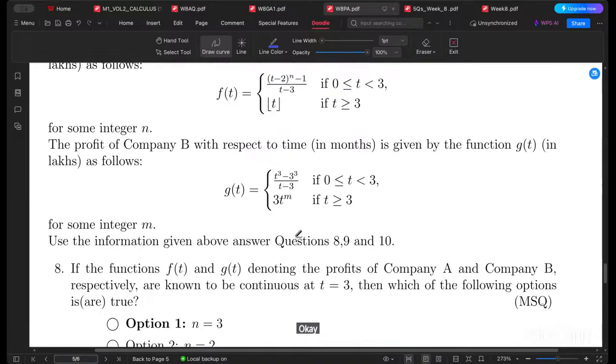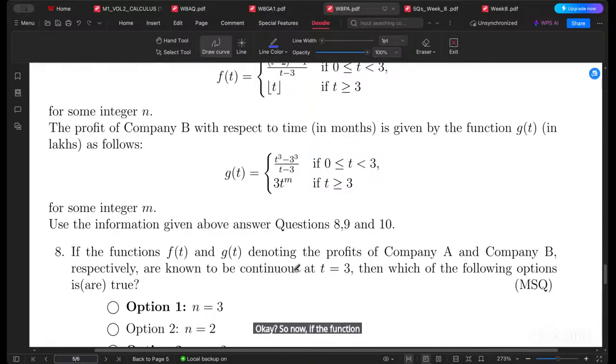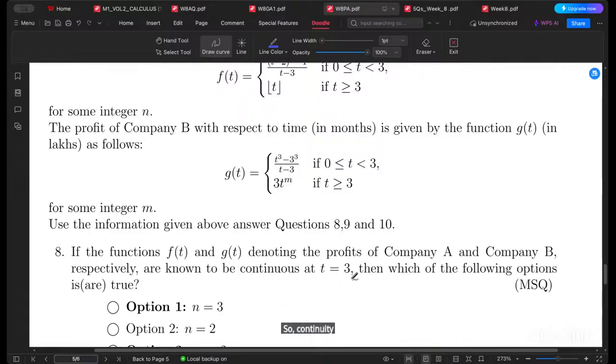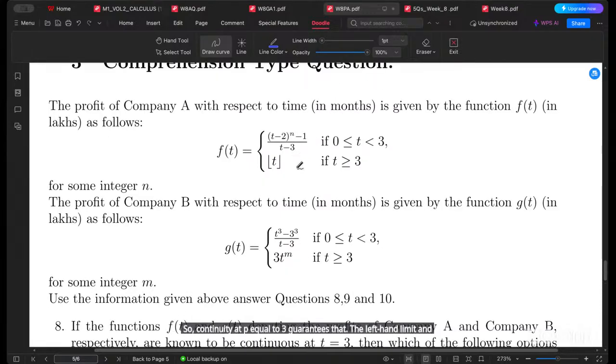Okay. So now the functions f of t and g of t denote the profits of companies A and B respectively and are known to be continuous at t equal to 3. Which of the following options are true? So continuity at t equal to 3 guarantees that the left hand limit and right hand limit exist and are equal, right? So that is the main thing we have to keep in mind.